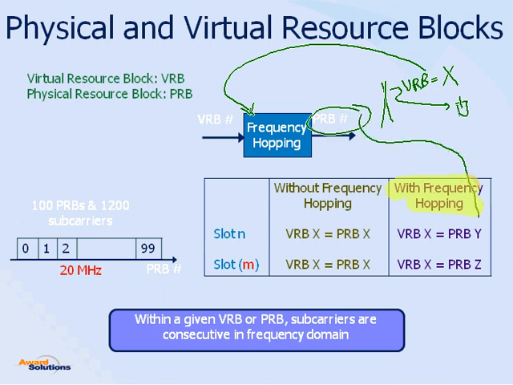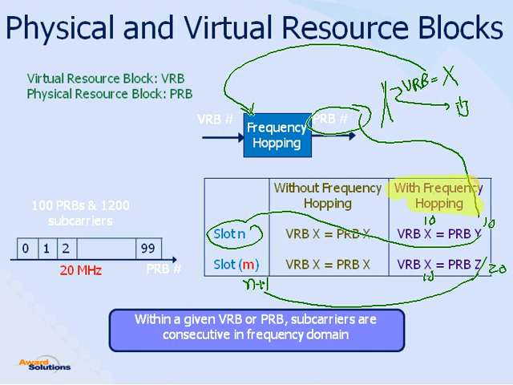So let's say virtual block number 10 may correspond to physical block number 10 in one slot, and in the next slot, maybe it will correspond to physical block number 20. So the same virtual block number corresponds to different physical block numbers in different slots, because one of the inputs into the frequency hopping algorithm would be slot number.